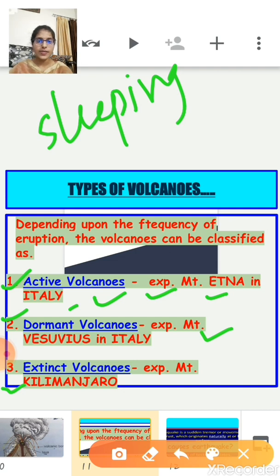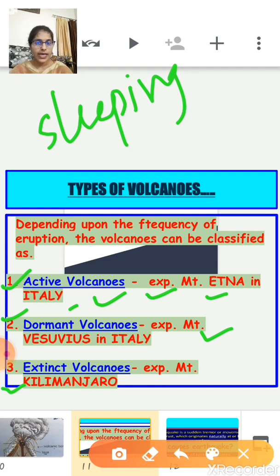Now the third one is the extinct volcanoes. Extinct volcanoes means certain volcanoes which have not erupted several thousand of years, and there is no further possibility of eruption in future, right?